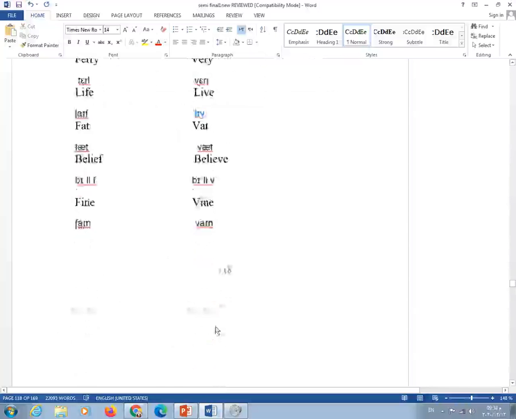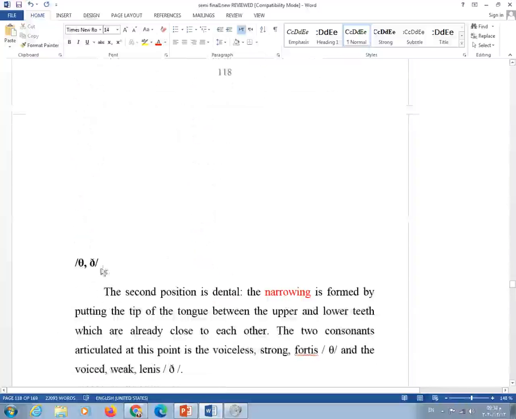Then we have another couple of fricative consonants, th. And here this is a dental couple, and the narrowing is formed by putting the tip of the tongue between the upper and the lower teeth. Of course, the voiceless th and the voiced th.